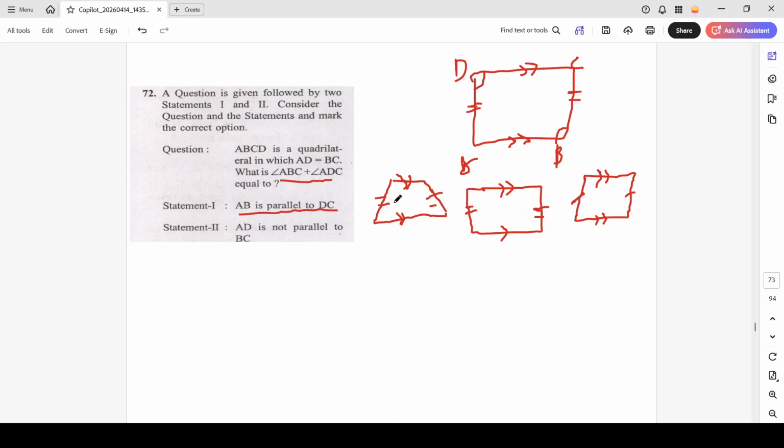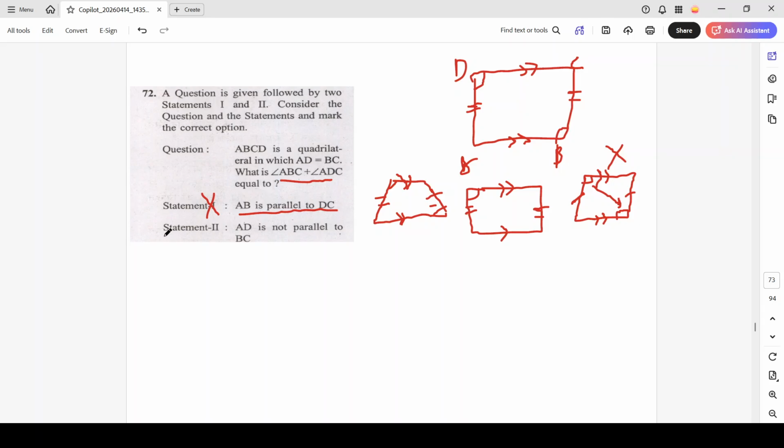So in this case, we can easily find out the opposite sum of these is 180, and also in a rectangle the sum of these two is 180. But in case of the parallelogram, the opposite angles are equal, but their sum is not 180. So in this case, we cannot find out the angle. So in one case, statement 1 alone is not sufficient for giving the answer.